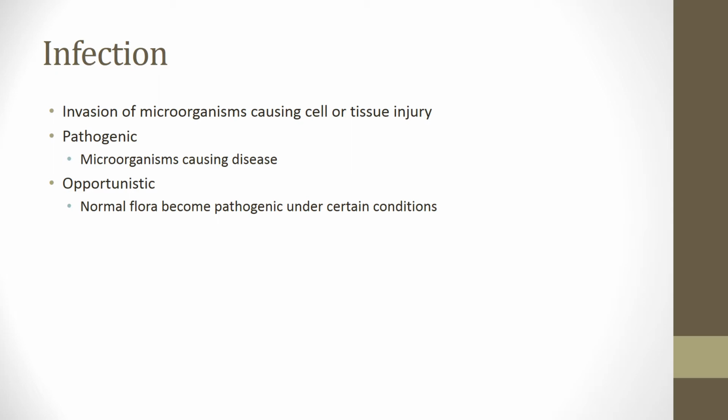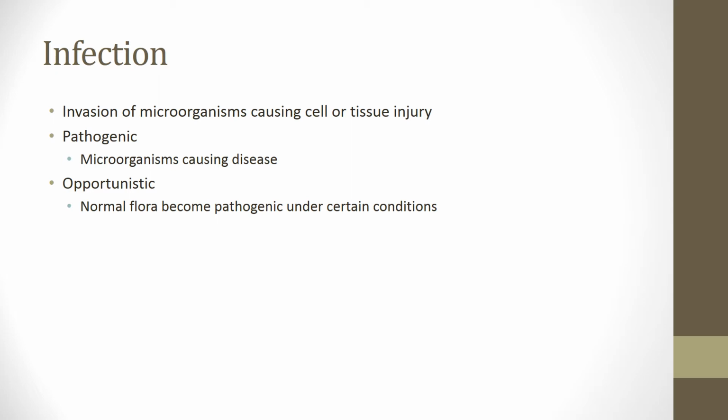A good example again is E. coli infection, which can be considered an opportunistic infection under certain conditions, but in other cases it may be just considered the normal flora of the gut.